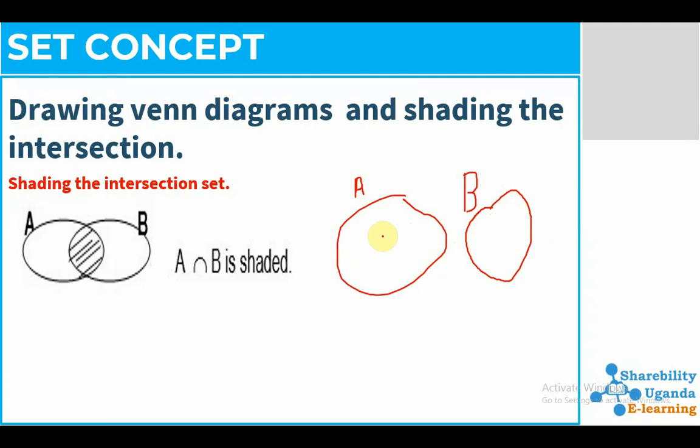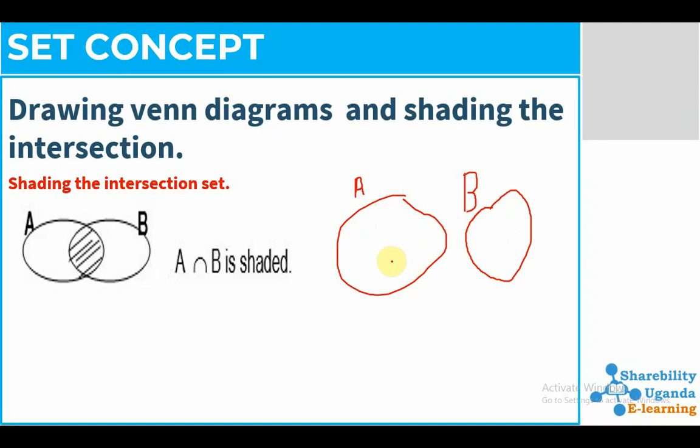Remember, these sets might have elements, and some elements are the same. When you get elements which are common in B and in A, we say we can present them as an intersection.